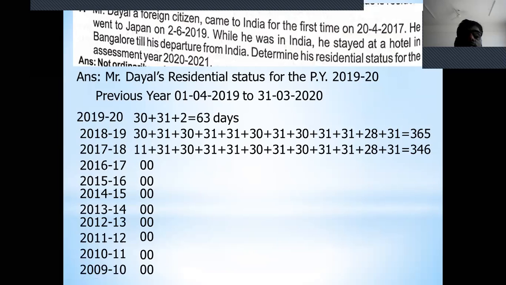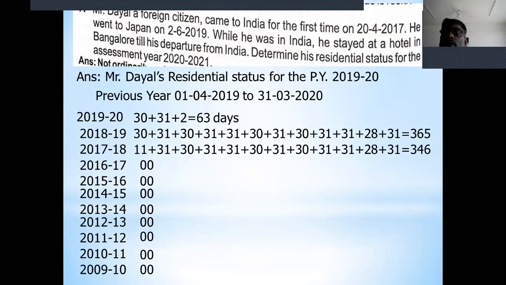Then you see here, he has not satisfied the first basic condition. Then you have to check the second basic condition. Second basic condition is 60 days in the previous year, minimum, and 365 days in the 4 previous years preceding the previous year. In the previous year, he is more than 60 days, half completed.